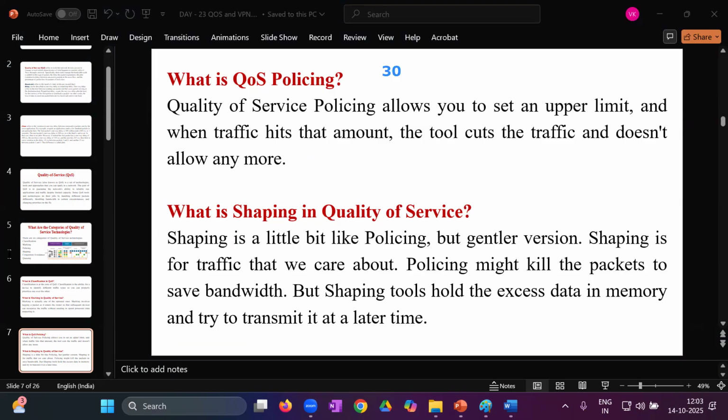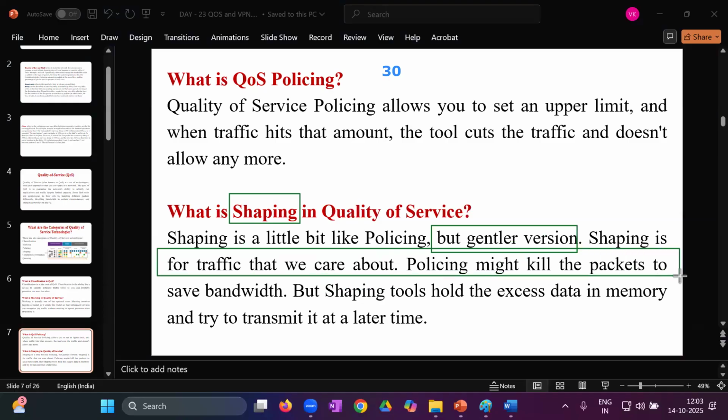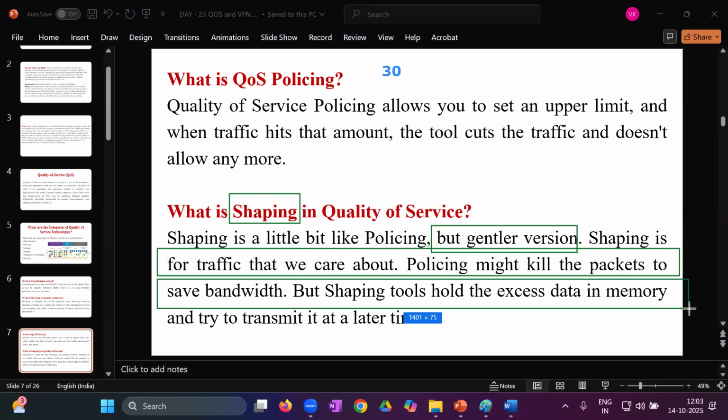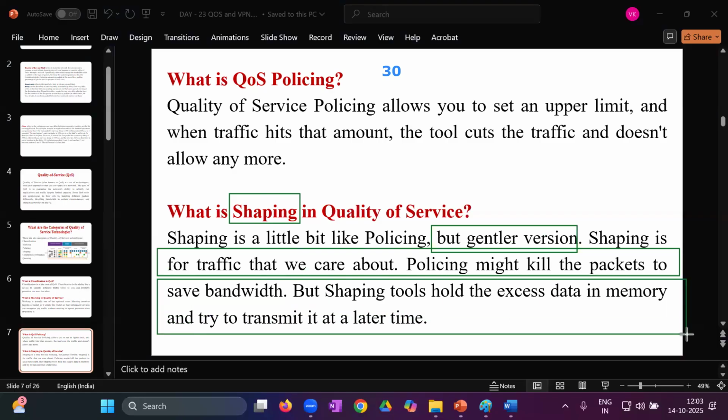Then we have one more, called shaping. Shaping is like policing, but compared to policing, it is a gentle version. Policing might kill the packets to save the bandwidth, but shaping tools hold the excess data in memory and try to transmit it at a later time.